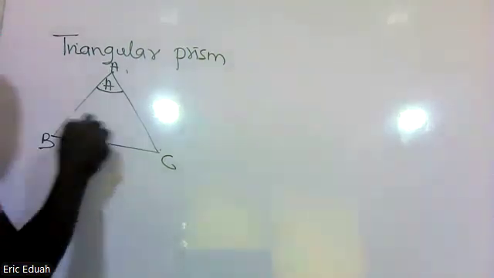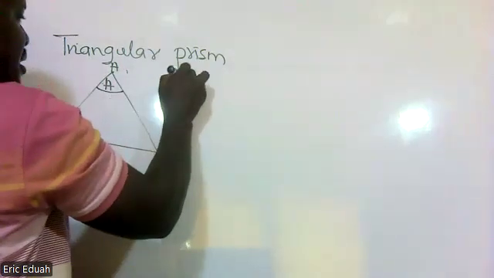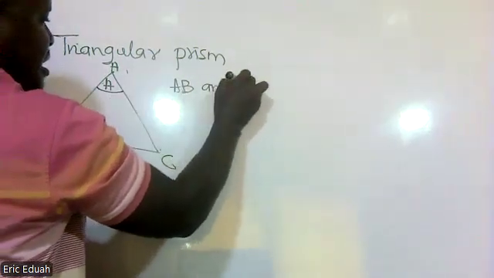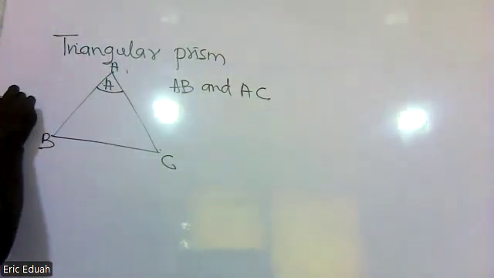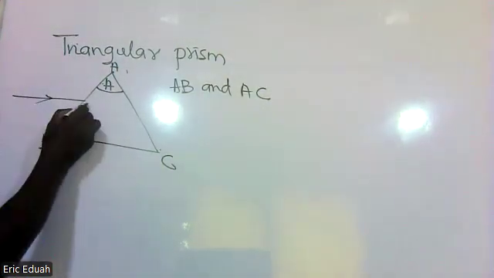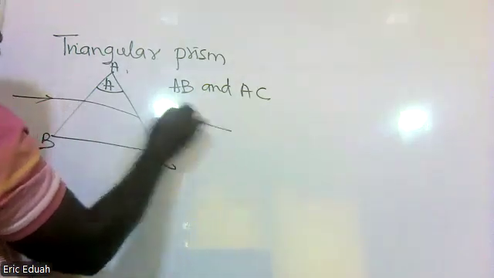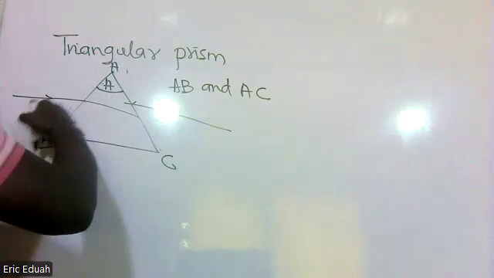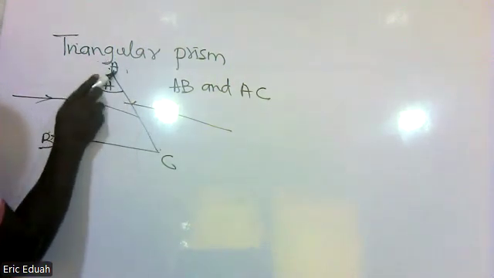Now, this has two refracting planes, AB and AC. Meaning, when you incident light at this side, it will go through deviation. Or when you incident it from this side, it will go through deviation at AB. It will also go through deviation at AC.